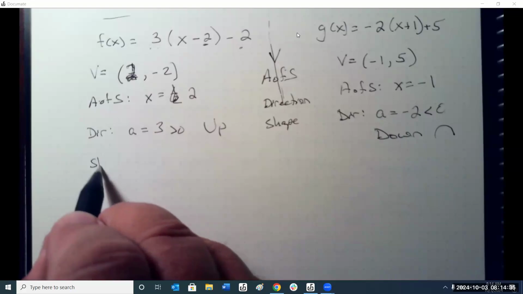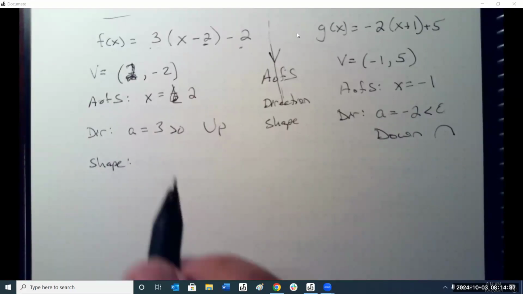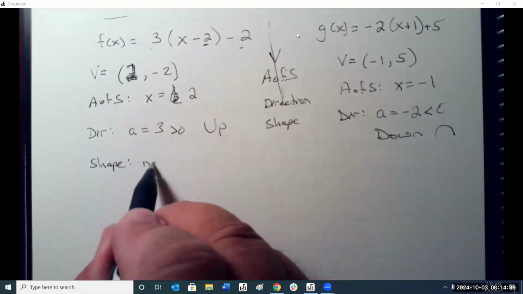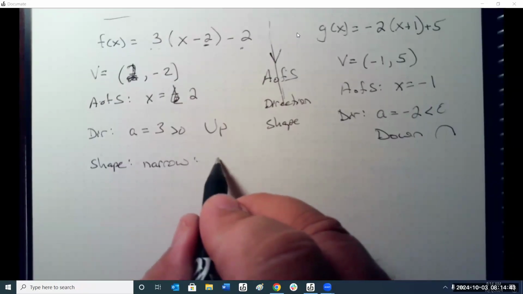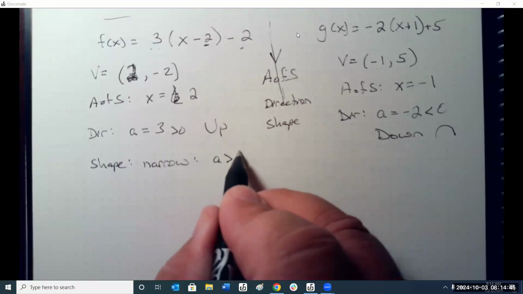And the shape of this one, it's narrow because A is greater than 1.